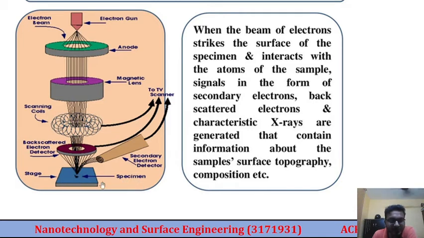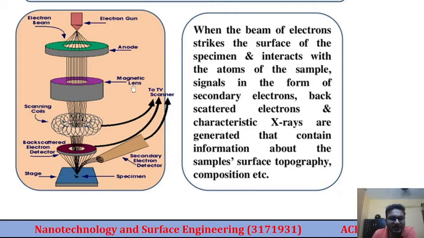It is kept at the bottom, and at the top we are having this electron gun, and it provides the electron beam, as you can see here, in a conical way. And then we are having the first part, anode, through which it is going to pass, and it will pass through in the form of parallel rays, as you can see.